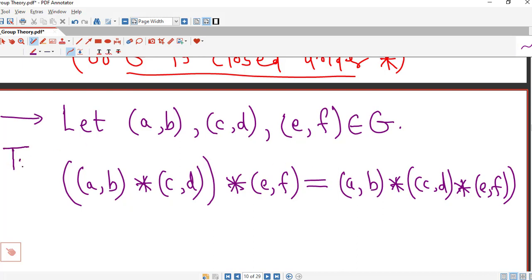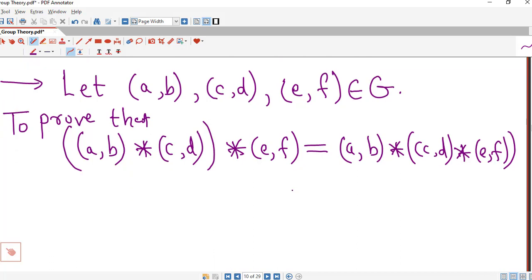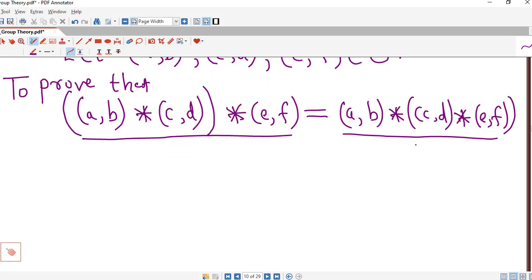So to prove that ((a, b) * (c, d)) * (e, f) equals (a, b) * ((c, d) * (e, f)), one way is we first find out this quantity. We will give it number 1, whatever we obtain, and then we will find out the other quantity and check whether both quantities are the same or not.